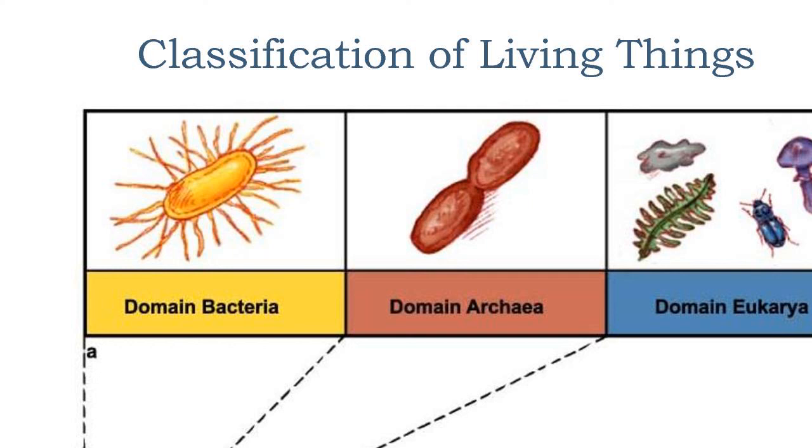Kingdoms. The classification of living things is broken down into categories, from broadest to most specific. The first category is the kingdom, such as the animal, plant, fungi, protista and Monera kingdoms. The animal kingdom includes mammals, birds, reptiles, amphibians, fish, sponges and worms.